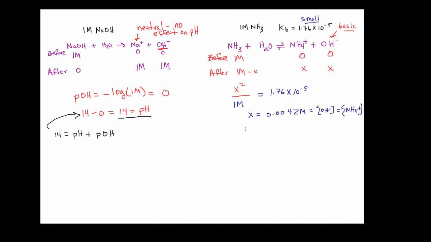All right, now like in the problem with the NaOH, because we have hydroxide, the first thing we're going to find is the pOH by taking minus the log of the concentration 0.0042. So the pOH for this is 2.37. And then we use the same trick that we used over here, so 14 minus 2.37. The pH of this solution is 11.63.